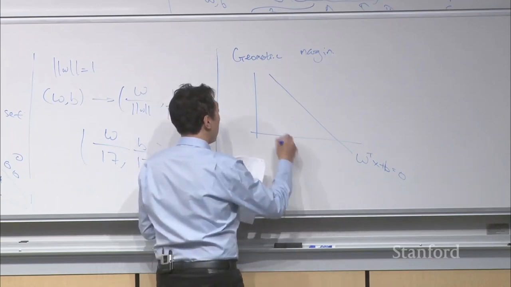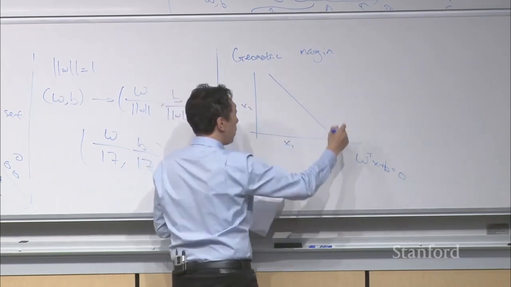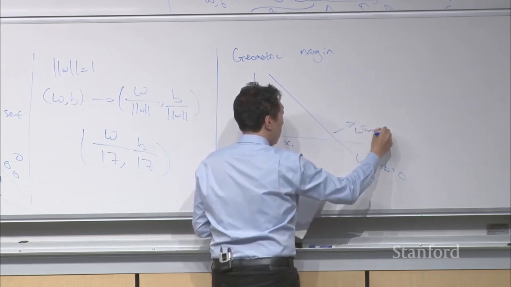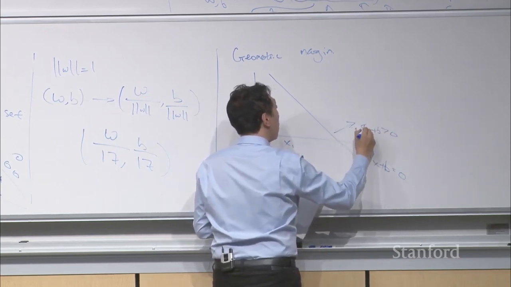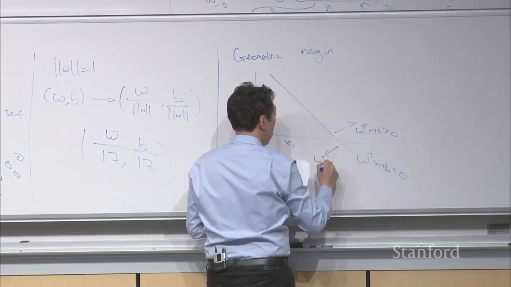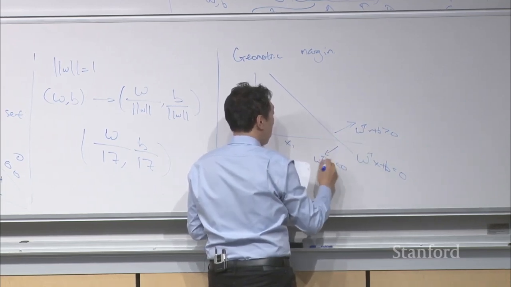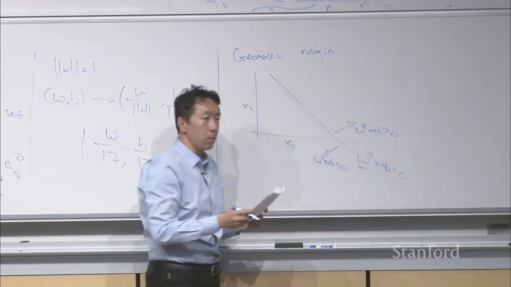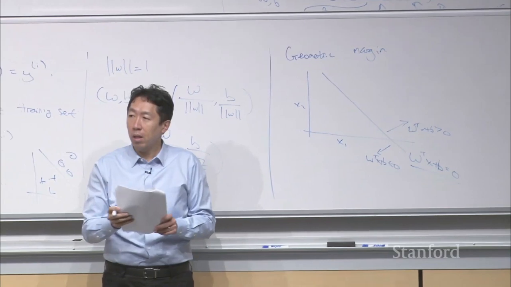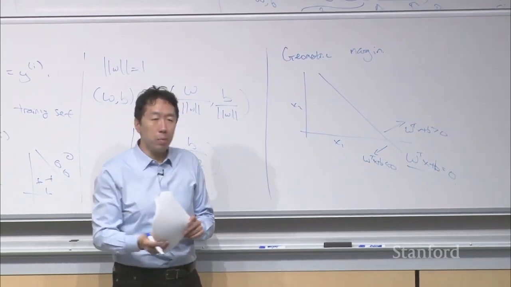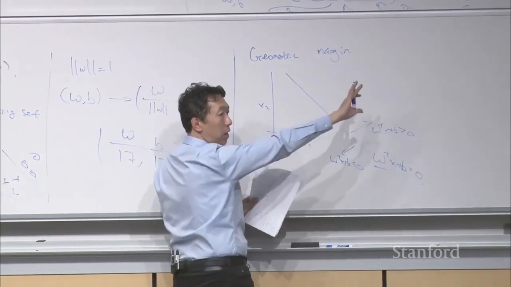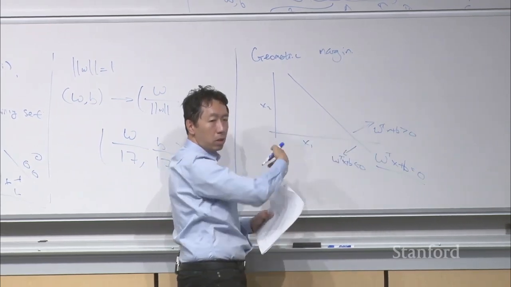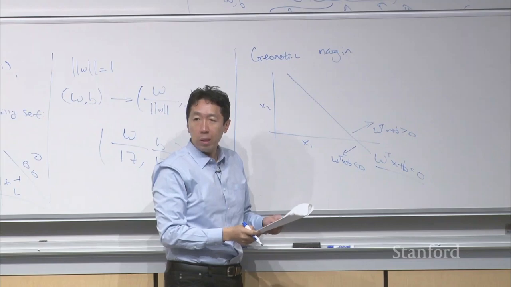The axes here are x1 and x2. In this half of the plane, W transpose x plus B is greater than 0, and in this half, W transpose x plus B is less than 0. In between is the straight line given by W transpose x plus B equals 0. So given parameters W and B, the upper right is where your classifier will predict y equals 1, and the lower left is where it will predict y equals negative 1.